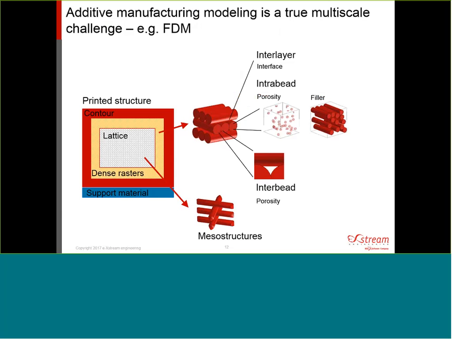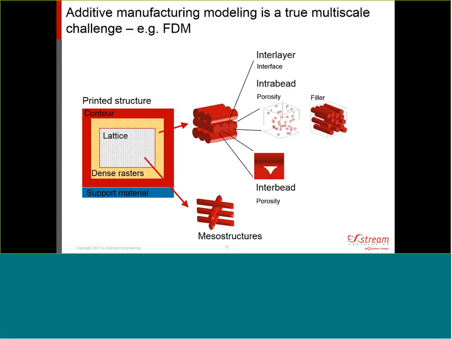As we are moving towards the simulation part of this presentation, one interesting thing to mention is that when we look at additive manufacturing, the type of phenomena that arise, the type of microstructures, the type of materials, we realize that there are many different scales involved.